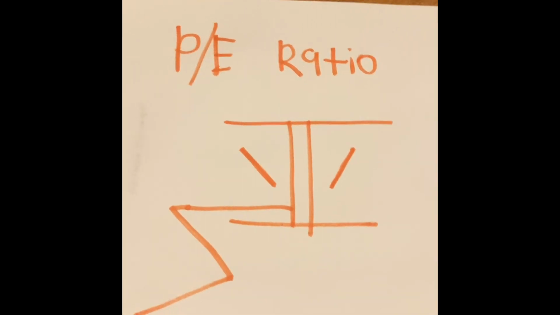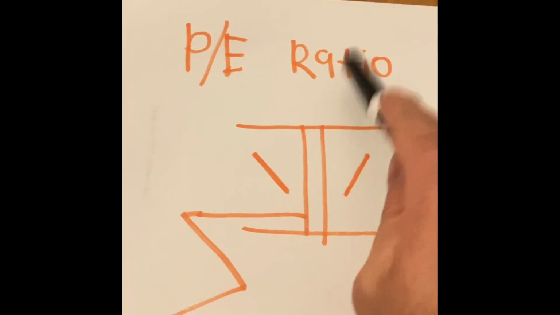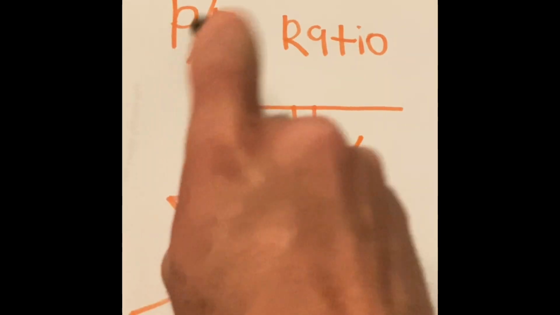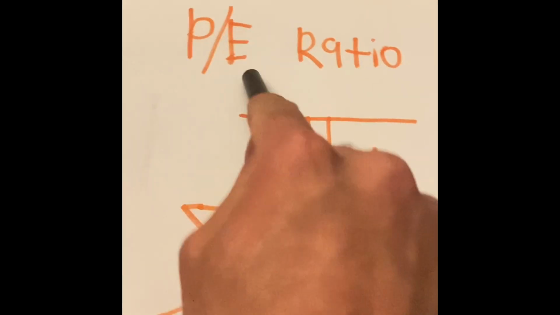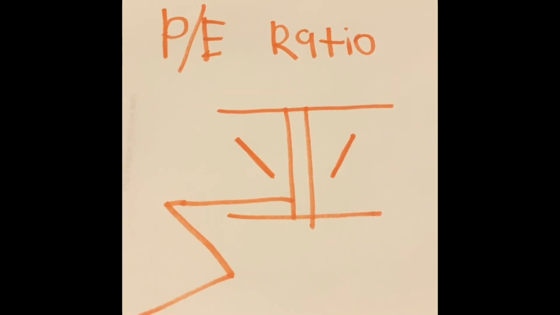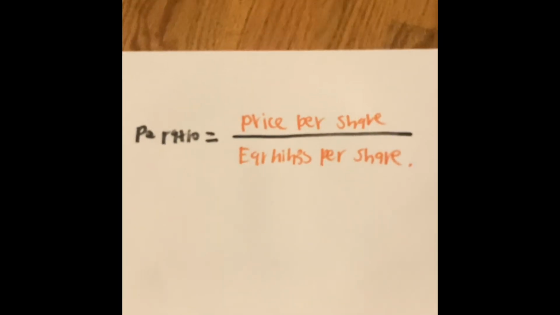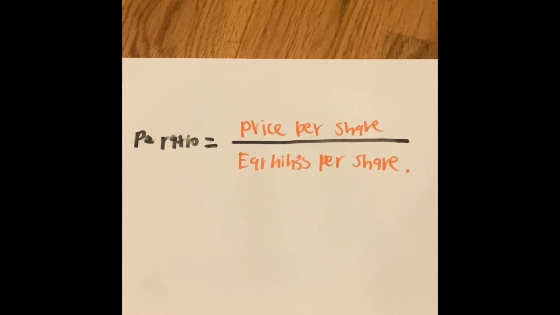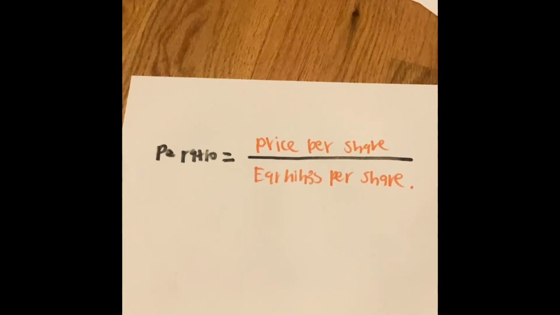So, to understand the P/E ratio, the name is self-explanatory because it talks about P divided by E. But hang on, what does P divided by E mean? Well, to expand on that, the P/E ratio is going to equal the price per share, that giant number on the top of the stock market, divided by the earnings per share.